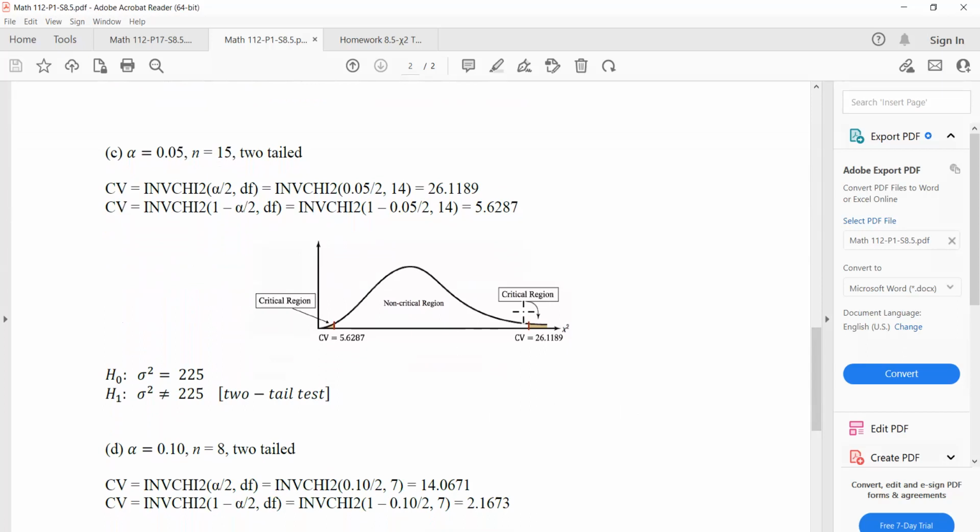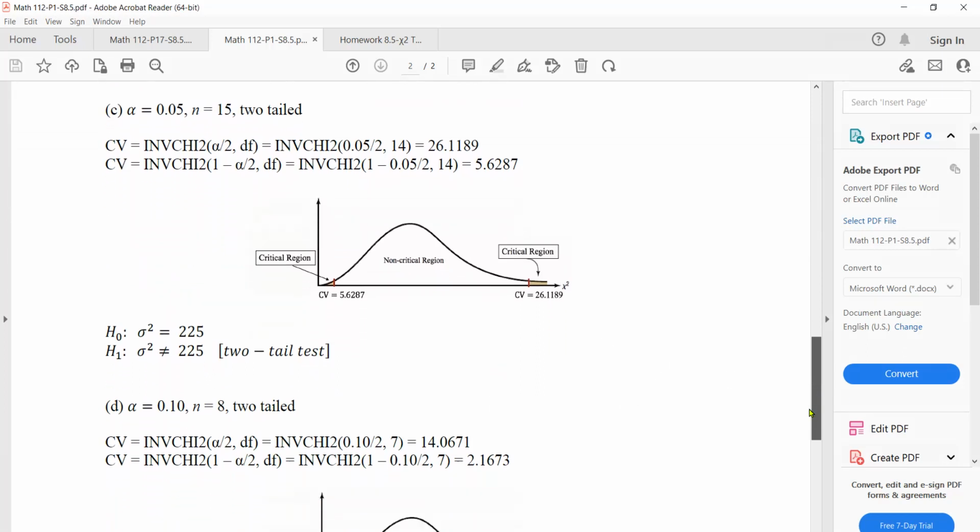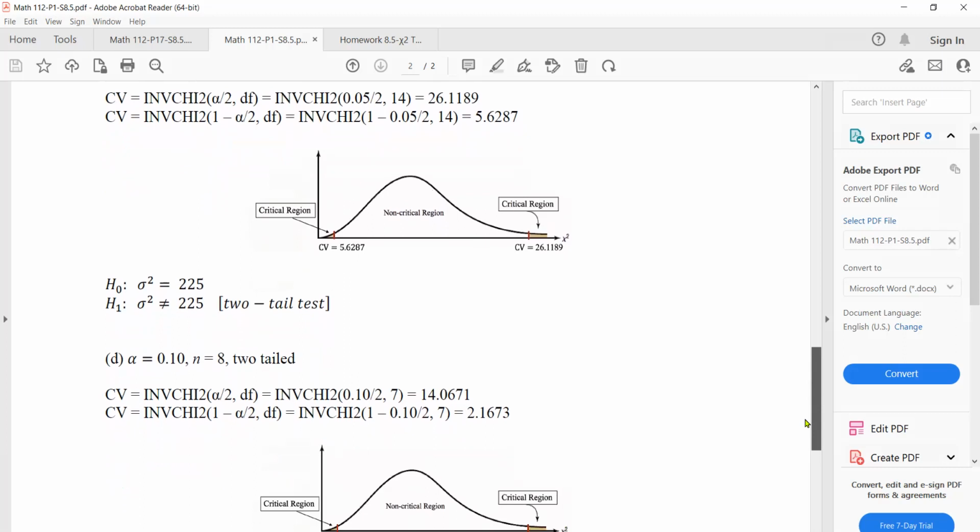Remember to draw your graph. We're only drawing graphs for this first one, and then when we do the traditional approach. And D is another practice with a two-tailed test, because that's the one that's a little bit tricky for most people.